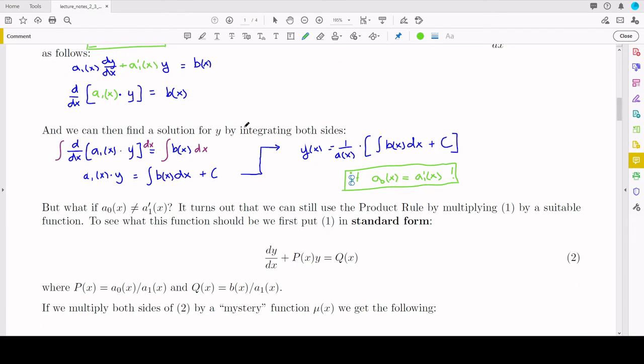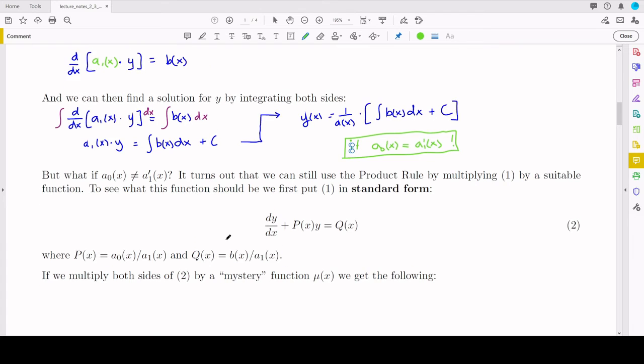So what you notice is that we divided both sides by a sub 1 so that we have a leading coefficient in front of the dy/dx. So p of x is a naught of x divided by a1 of x, and q of x is b of x divided by a1 of x.